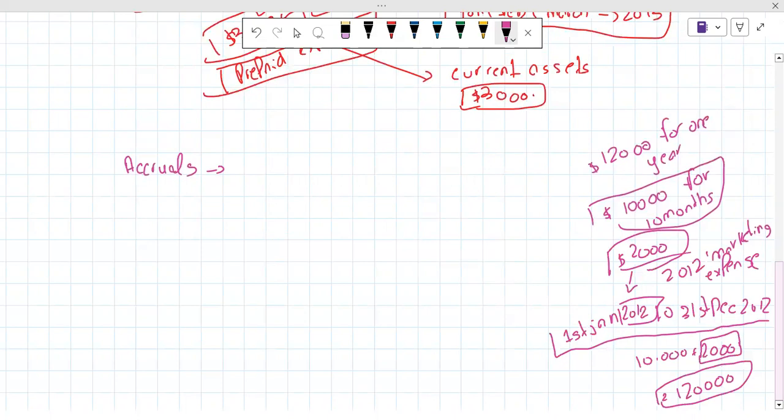So we should add the extra amount which we haven't paid yet, which is $2,000, in 2012's profit and loss statement. Okay. So these are the expenses incurred but not yet paid. They are the expenses due but unpaid and are also known as accrued expenses, or you can say outstanding expenses and owings.